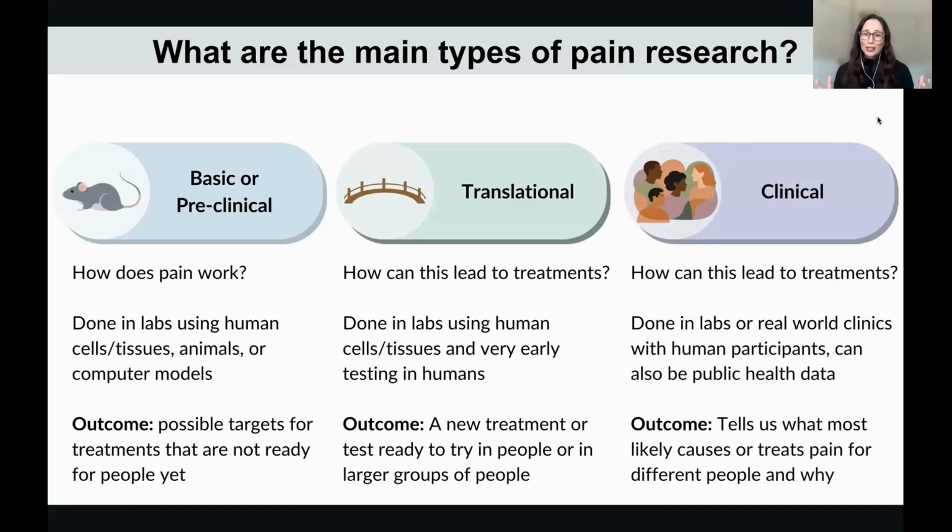So these are actual living human beings who are going through treatments or who are trying to see how different parts of biology or different parts of their mood or their social environment play a role in what type of pain they feel and whether they might have a response or benefit from treatment. And so this tells us what most likely causes or treats pain for different people and why.